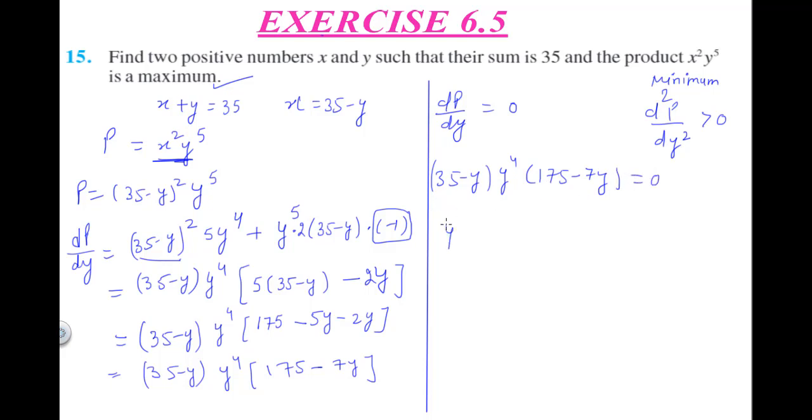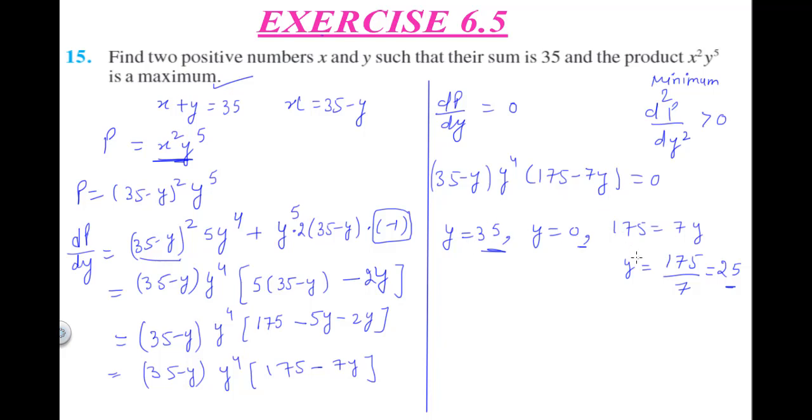So we have the values of y as y equals 35, y equals 0 and 175 equals 7y, from which we get y equal to 175 divided by 7. 7 2s are 14, then 7 5s are 35. So we have three values, 35, 0 and 25.